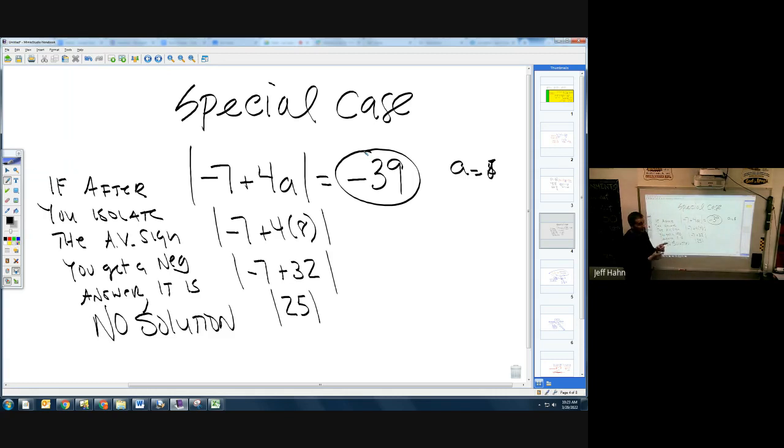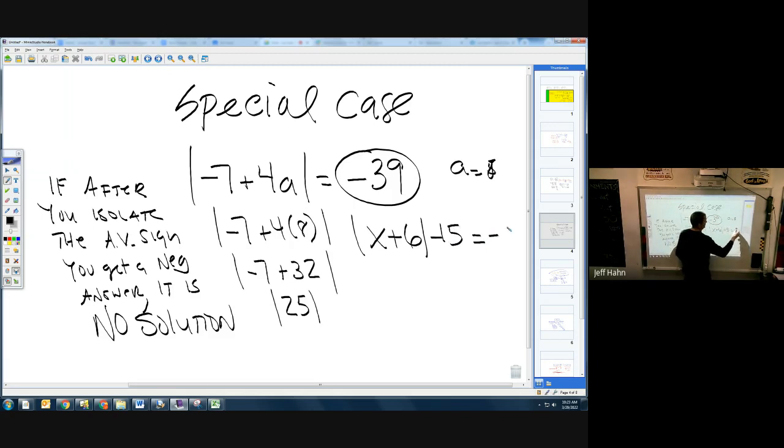Now remember, it is only after you isolate the variable. Because you could have something like this, watch. The absolute value of x plus 6, minus 15 equals negative 8. This can be done, why? Right, because when I move this 15, I haven't isolated the absolute value yet.